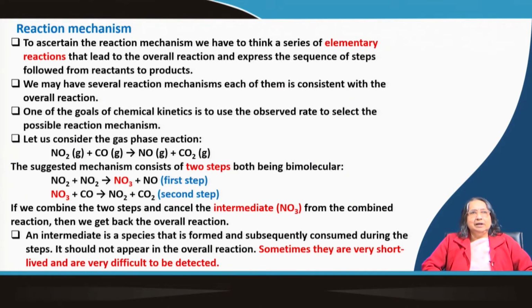If you want to prove that the intermediate is formed, you need some instrument, but sometimes the intermediates are so short lived, with transient existence, that it is very difficult to observe them. There are very sophisticated instruments which can detect those short lived intermediates also. But here I am not discussing that.